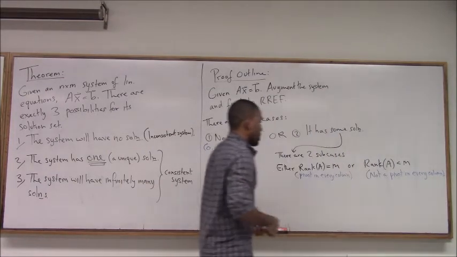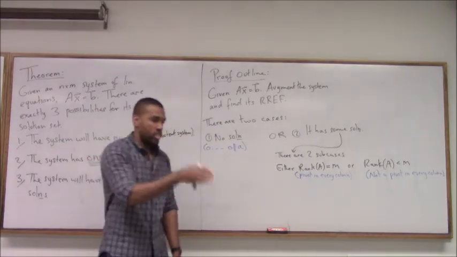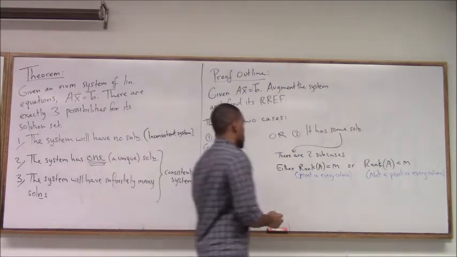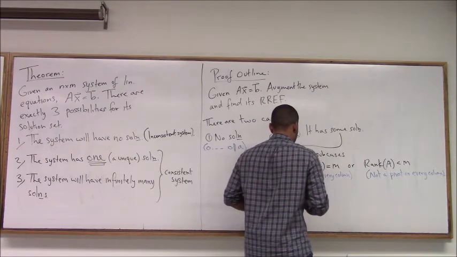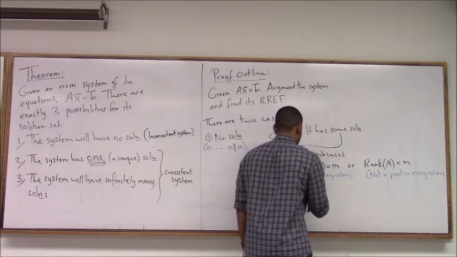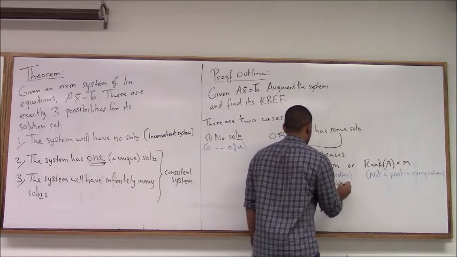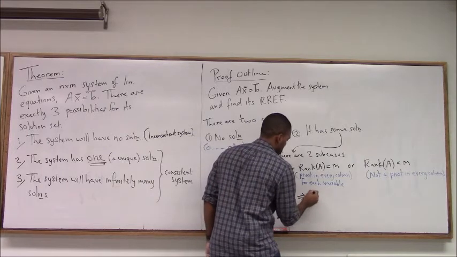What happens if there's a pivot in every column? You'll be able to say this variable equals that, this variable equals that, for each variable. And so this would give you a unique solution.